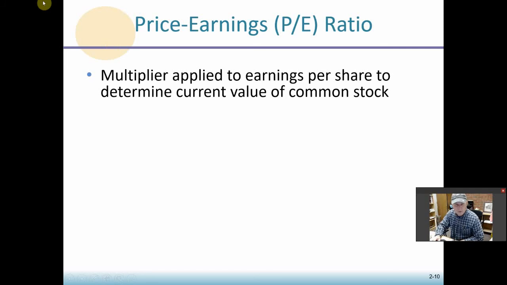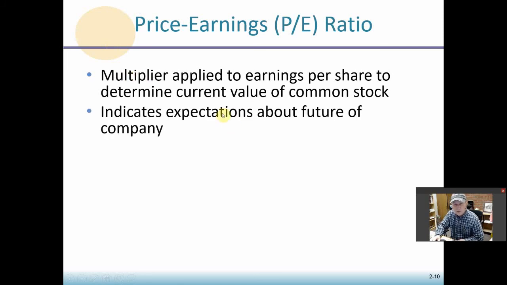Price earnings, often called a multiplier, is applied to the earnings per share. This is mainly for investors. It isn't something that would concern us every day. We're not terribly concerned about the price-earnings ratio, but it indicates expectations about the future of the company.